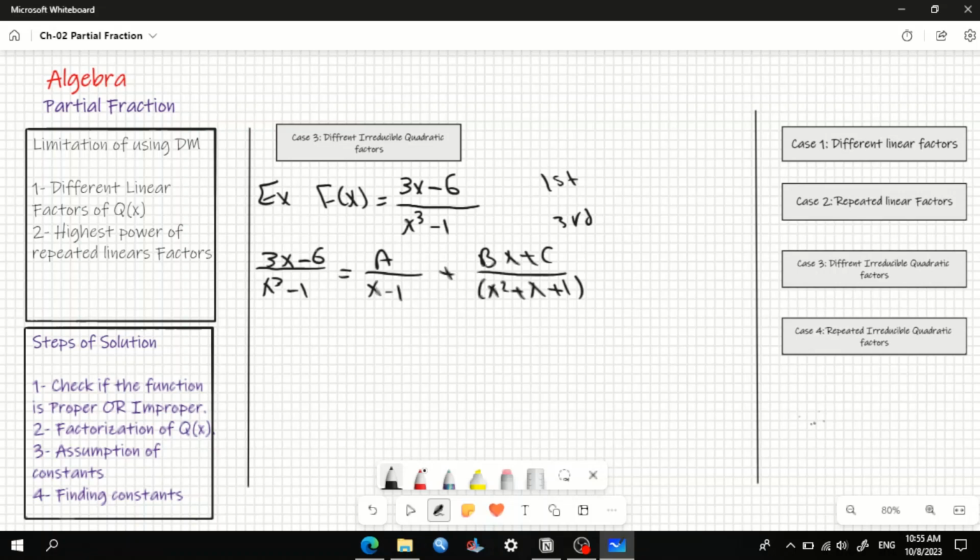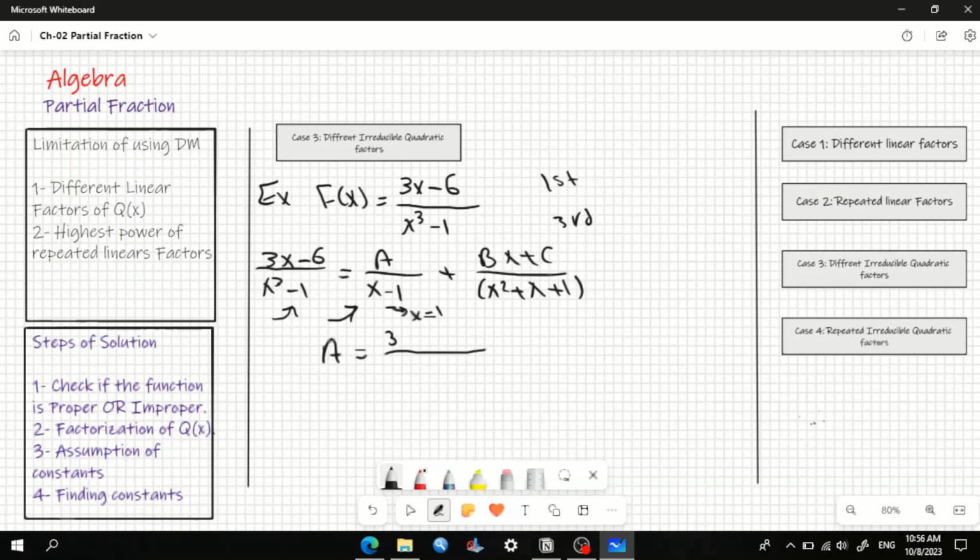So we have a combined case between the first case and the third case. Okay, here we can find a by using the direct method as we have a linear factor. By the direct method here, a equal to, just hide this from here and substitute with x equal to 1.